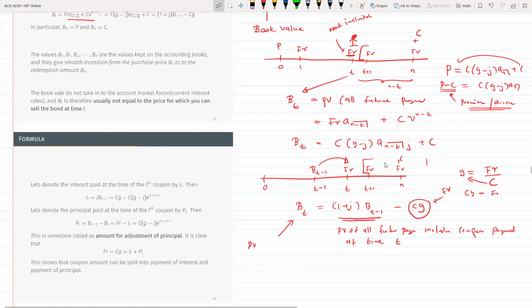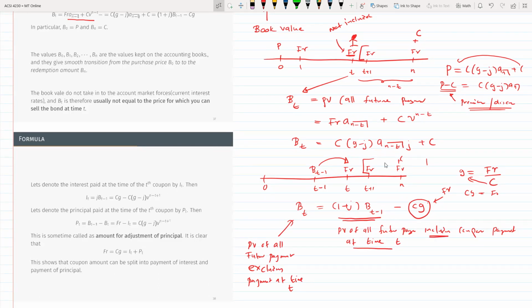Okay, but B_t is what? B_t is the present value of all future payments, excluding the payment at time t. So this one includes the payment at time t.